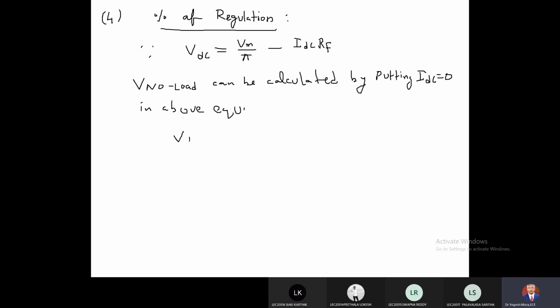So we will get VDC is equal to VM by pi, or VDC means this is the voltage at no load. So this is VM by pi, right?